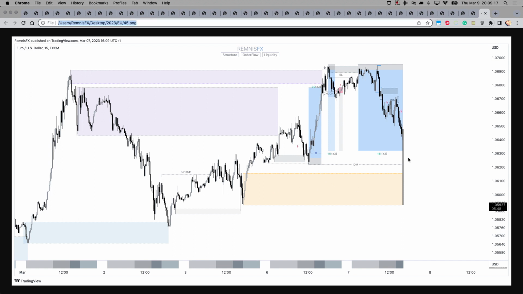And price came, boom, in a matter of minutes, I believe, to mitigate that area, right? So yeah, I could have targeted this here or even this here, but it should not matter. Shoulda, coulda, woulda. I basically remembered that inducement that I had marked earlier. Basically, that was my target.